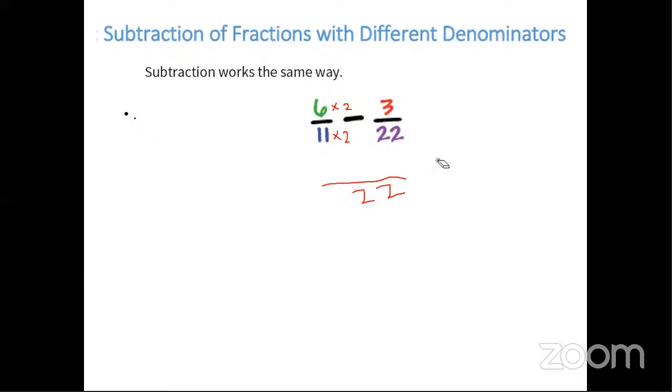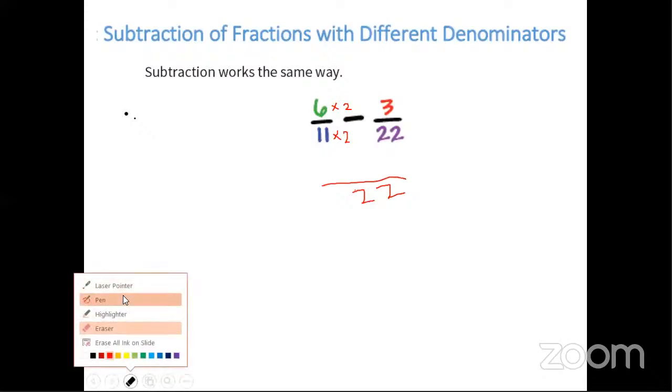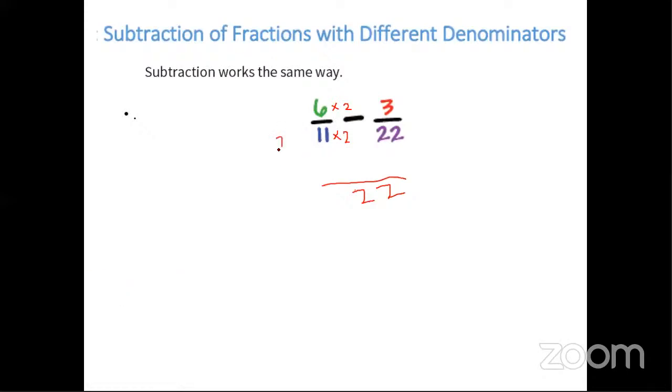How do I make this one appear like 22? It is the largest one. So you end up having 12 out of 22. Now you subtract directly: 12 minus 3 is 9 out of the single 22 that you have.